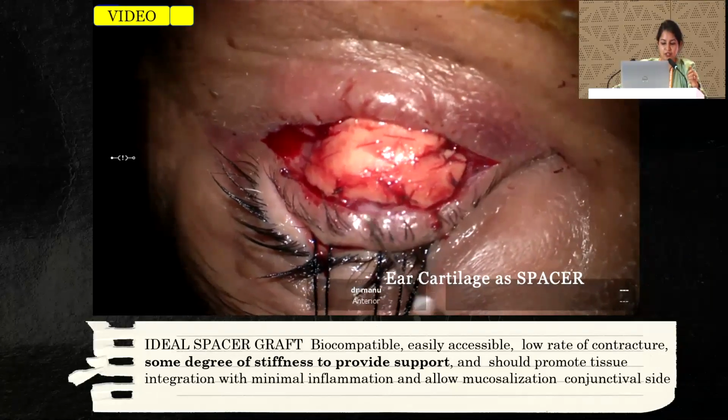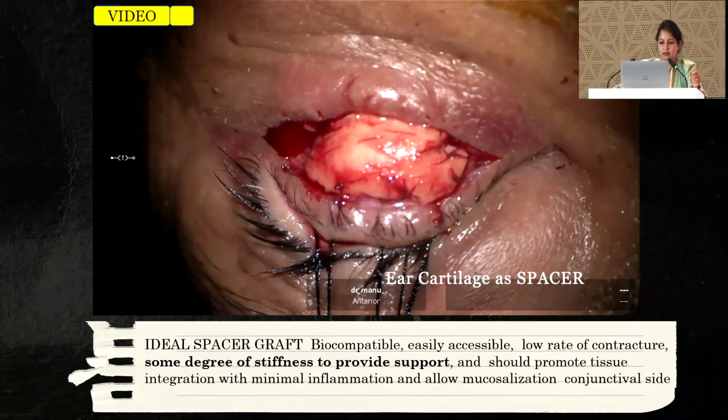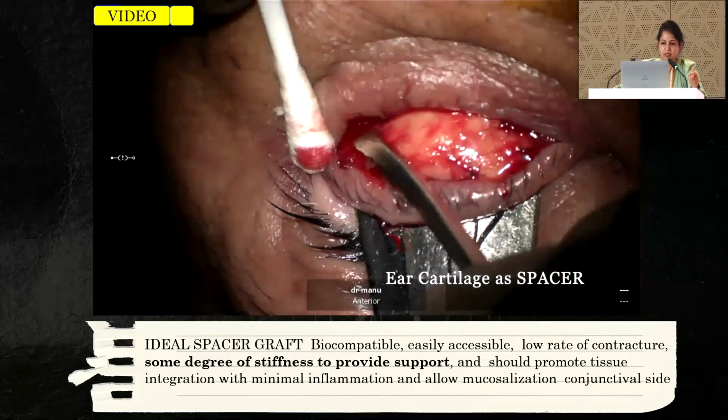And finally, fibrin glue is used to adhere to the underlying pad, followed by skin closure.